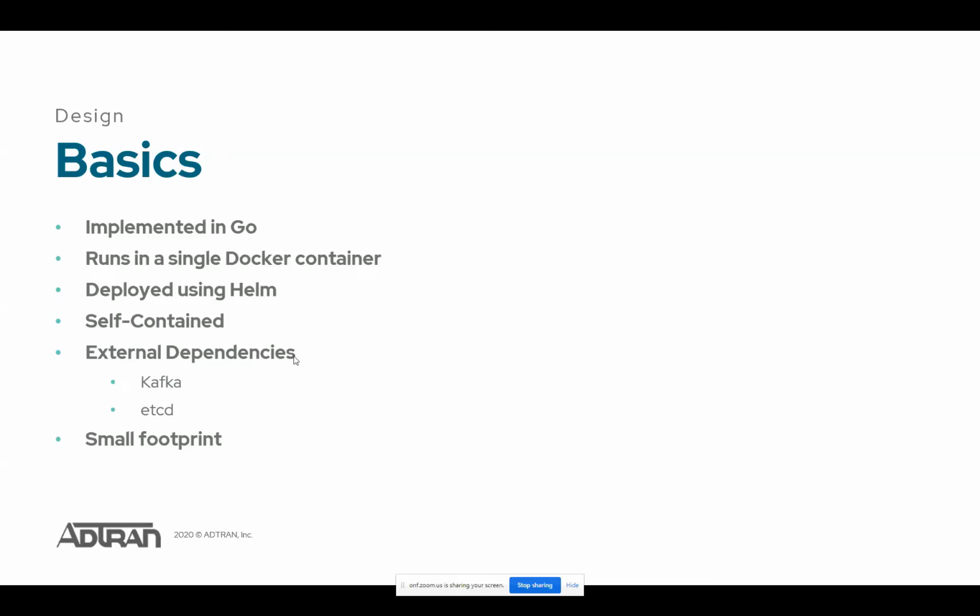our device manager. It has some external dependencies. One is Kafka. Kafka is used for pushing events for alarms or metrics. And we will use etcd as a database for storing state of the device manager.